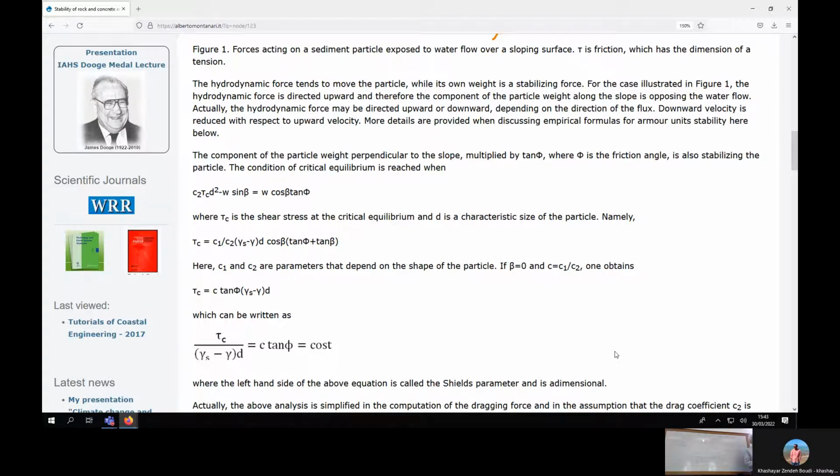So if you have k physical variables that depend on 3 units, then the interdependence between the physical variables can be described by a relationship that is relating k minus n dimensionless quantities.